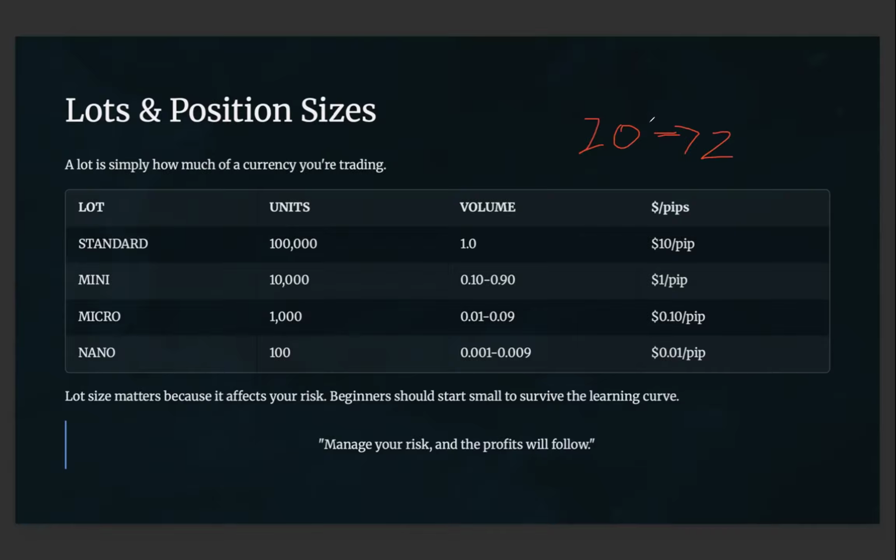So what times 2 will give you 50? It's 25. So that means if you want to enter the lot size now to risk your $50, you are going to enter a 0.25 lot size, which is 25 times 2, which will give you 50.